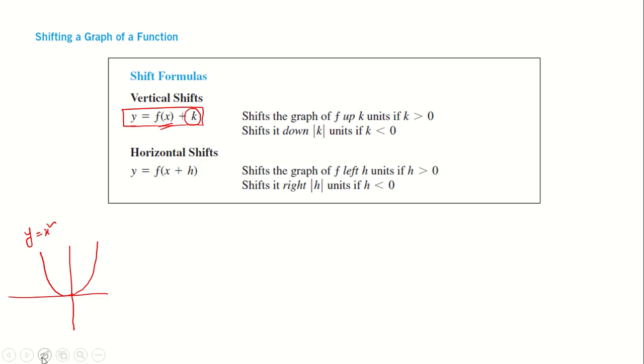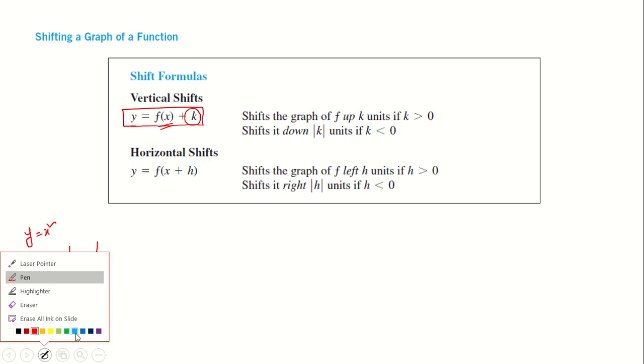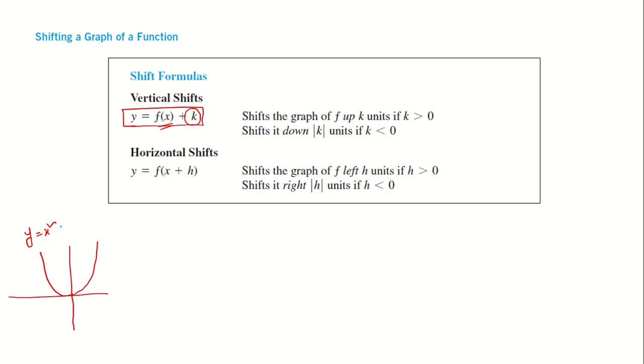Now, if we add plus 1 to this, then what will happen here? It will go up 1 unit vertically, so it can be just like this. That is a vertical shift.